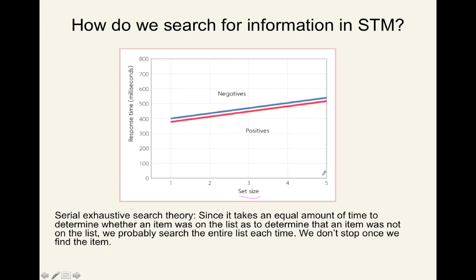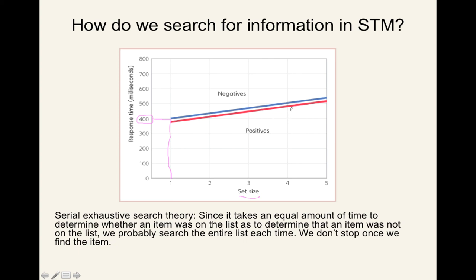We can just think of these as 1, 2, 3, 4, or 5 words. And response time is how many milliseconds it takes a person to say if a new word, for example, is one of the original words. So if they're only given one word, say lemon, then it only takes about 400 milliseconds to report that, yes, they saw or read the word lemon earlier, because they only had one word to deal with.